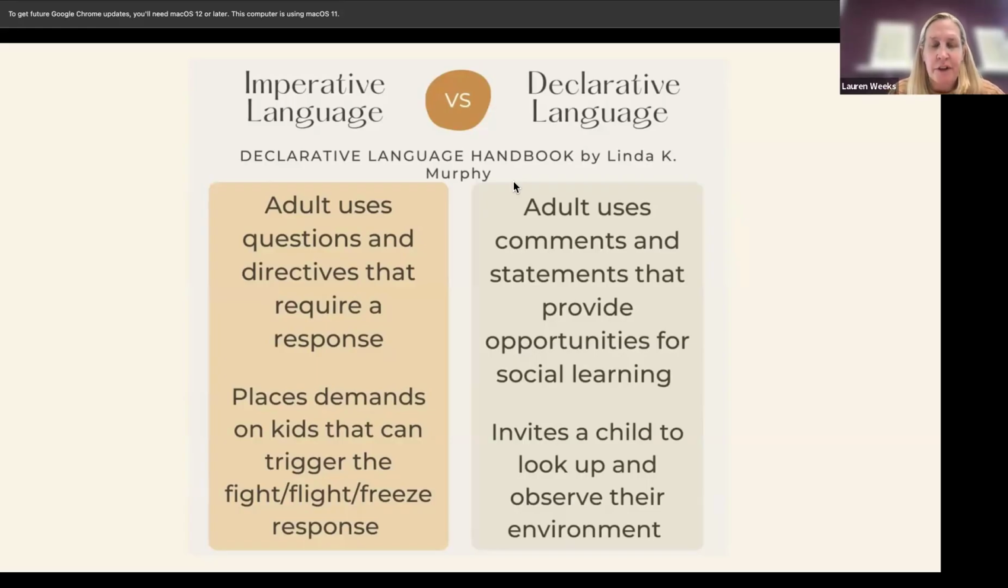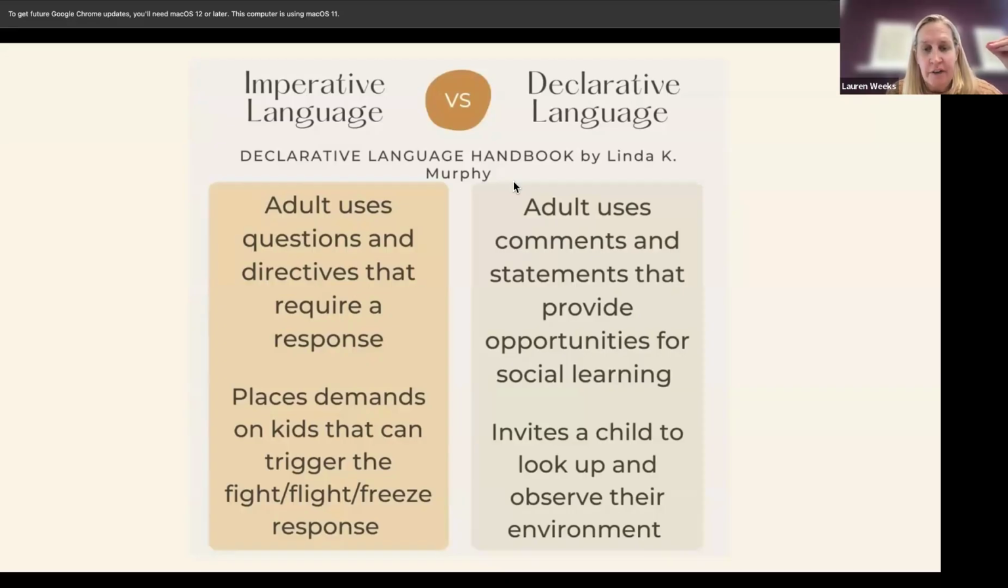If we say something that is more declarative, which by definition is something we are explaining or noticing, or giving information without a true demand being expected of it, we are giving information without something needing to happen.